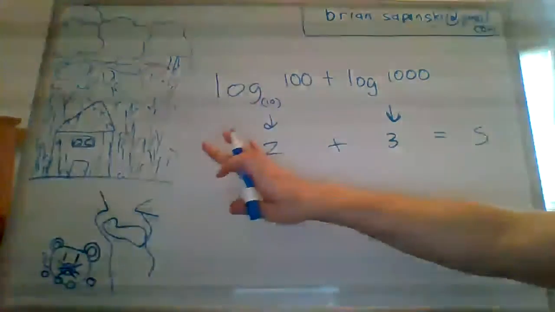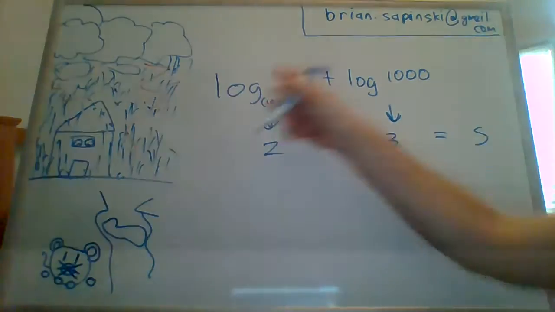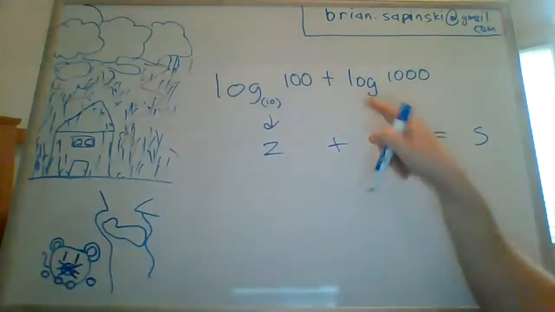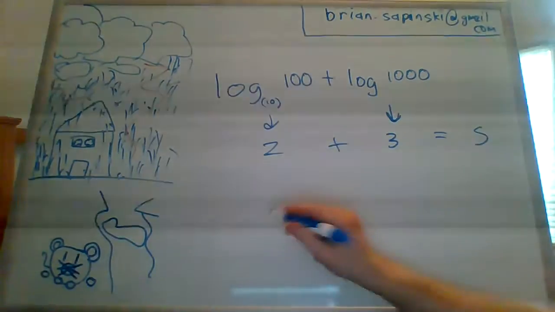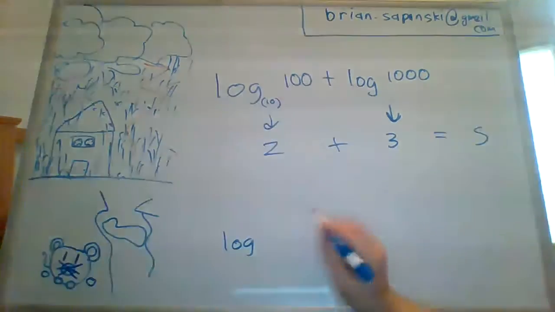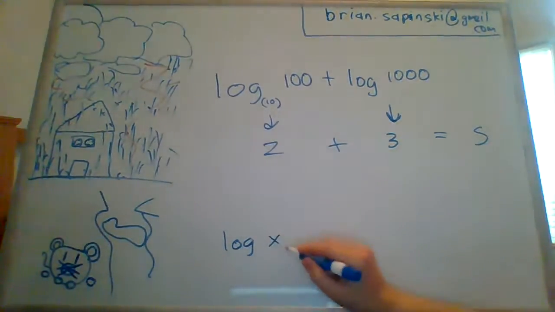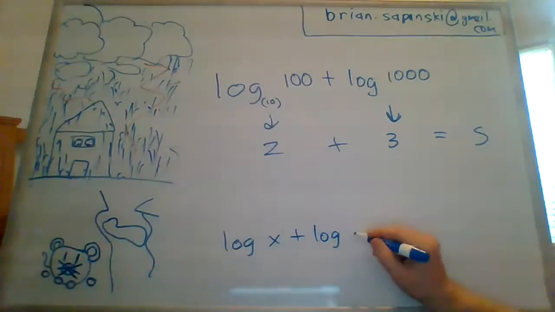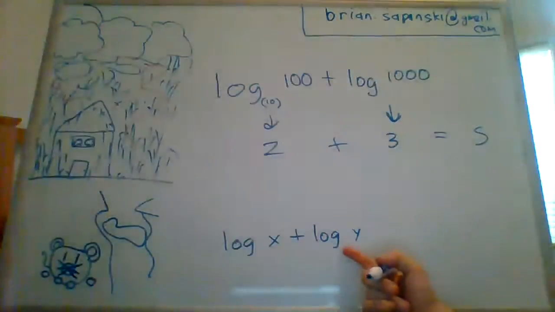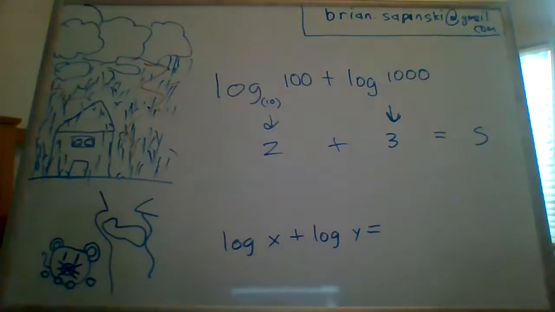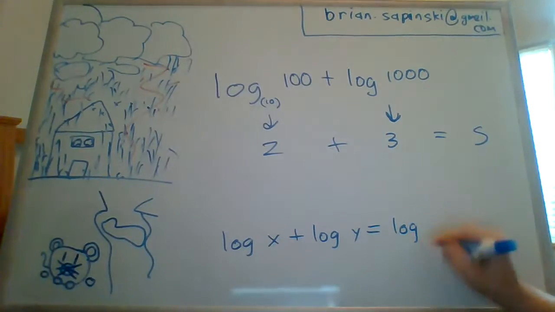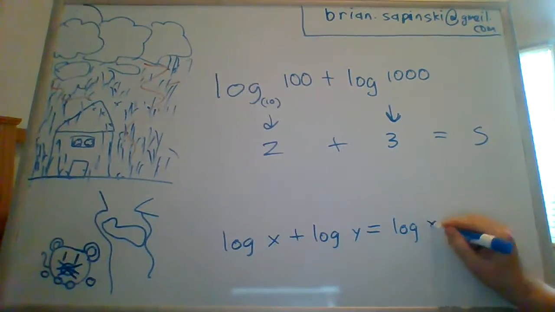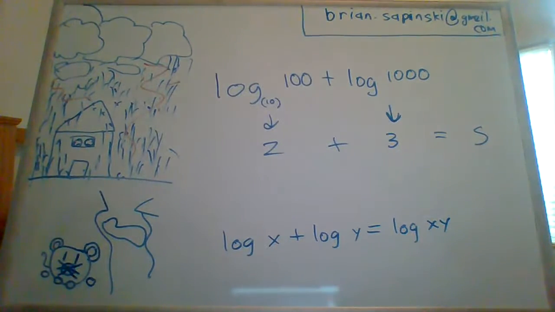All right, so here's the deal. There's a rule that when you see two logarithms that are being added together, as long as they have the same base, the sentence can be rewritten. The general rule goes like this: if you have a log of a certain number with a certain base, added to a log of some other number from the same base, that is the same as a single log where the two numbers are multiplied, like this, Brianna.